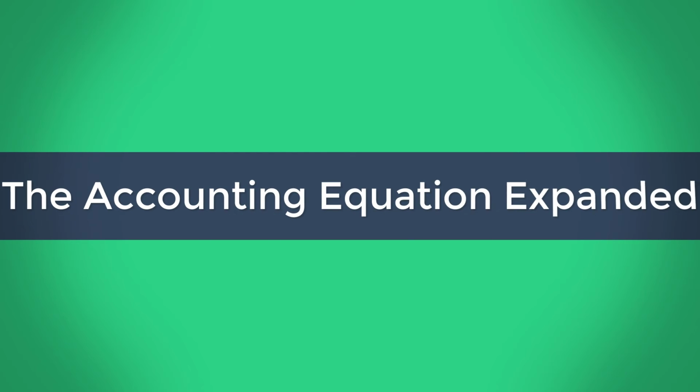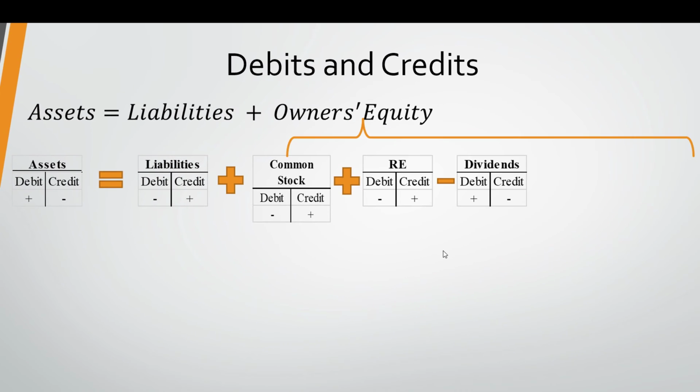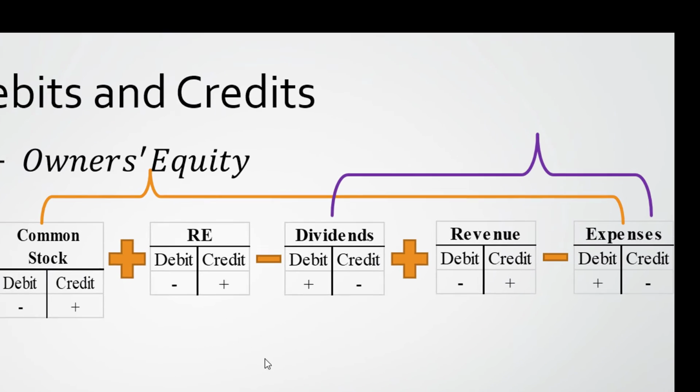Debit cash, credit life. If you want to make a liability go up, you have to credit it. If you want to make owner's equity accounts go up, you credit them. Now how about the income statement? Well, we have these other accounts.